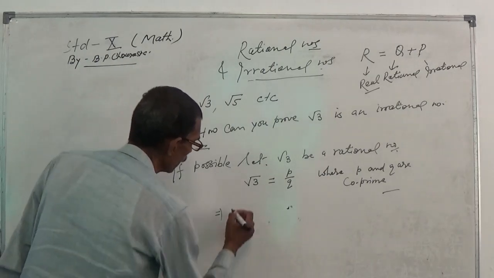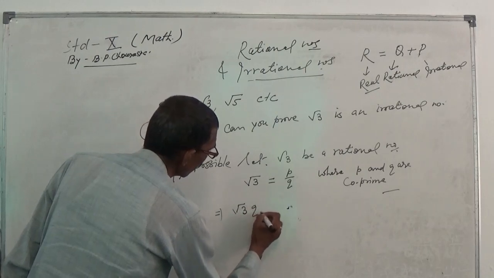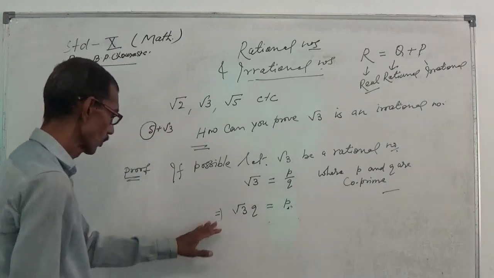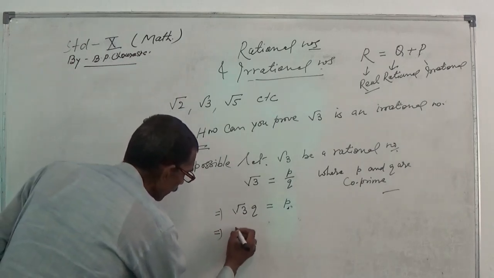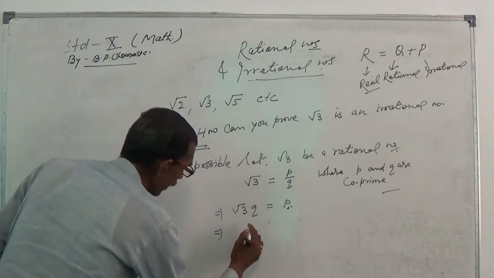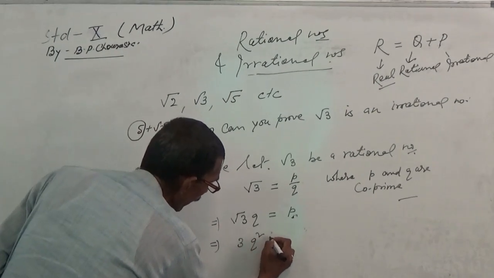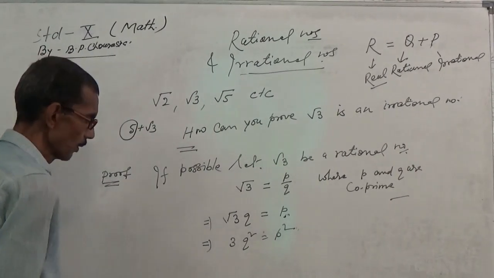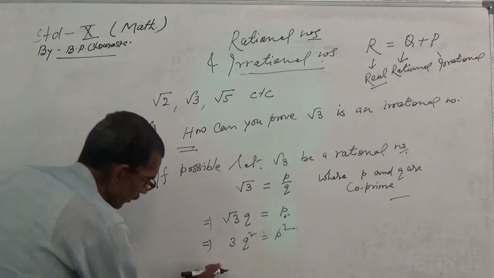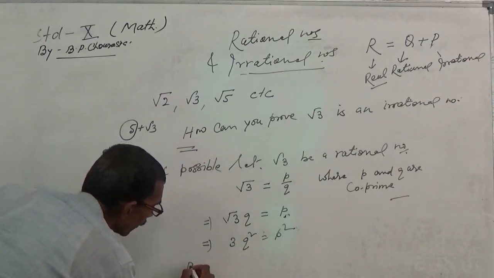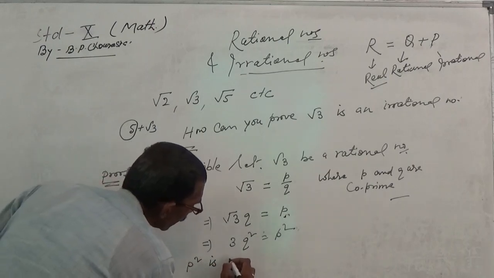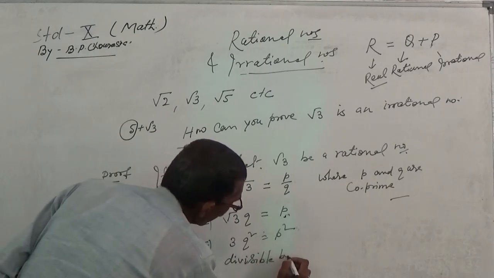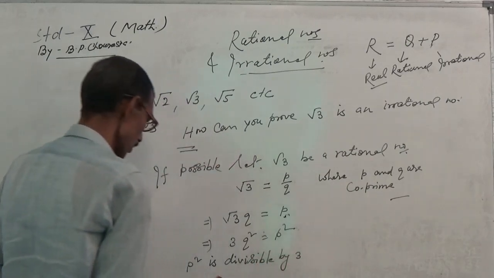This implies root 3 q is equal to p. Now square both sides: 3q square is equal to p square. This means p square is divisible by 3.